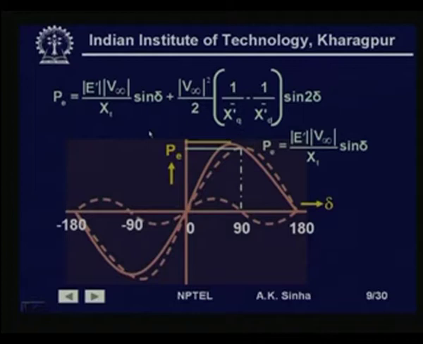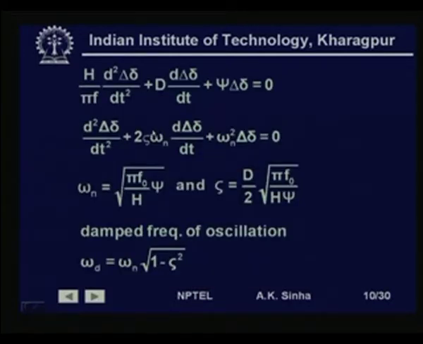So, this is about the steady state stability part, where we are talking about the dynamics when we move at a very small rate from one steady point to another steady point, with very gradual changes taking place, where we are considering no dynamics building up.